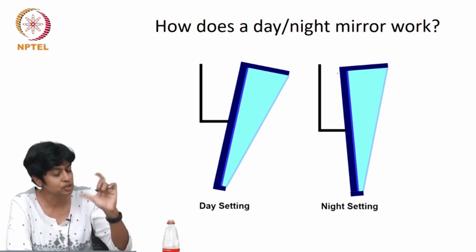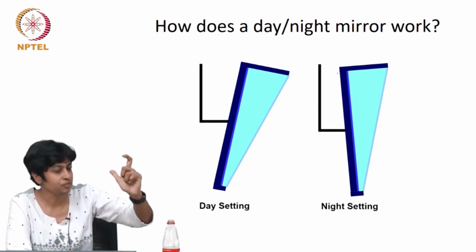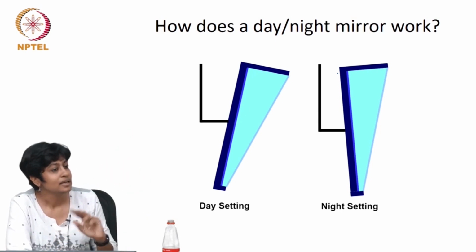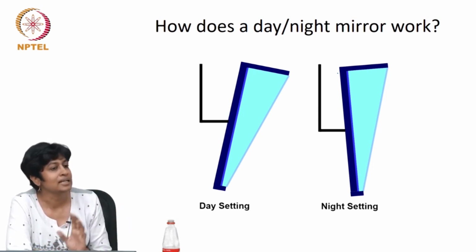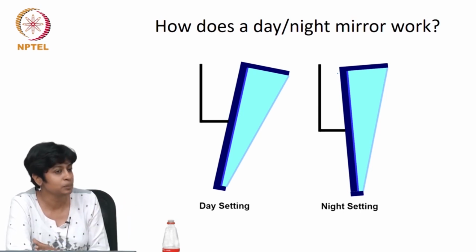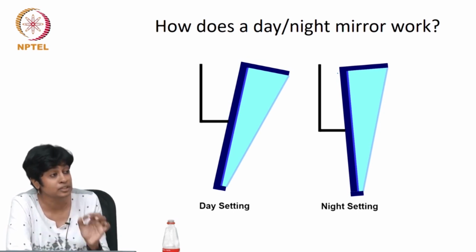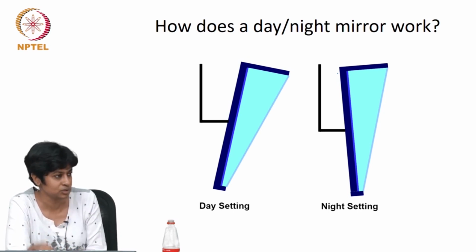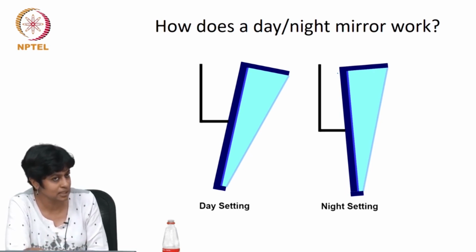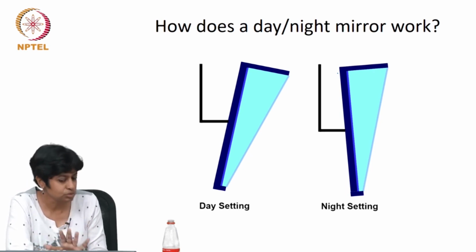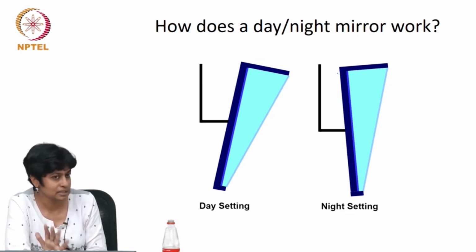And so you flip the angle of that rear view mirror so that it's different for the day setting compared to the night setting, and it allows you to see the traffic behind in both cases, but it ensures that you don't get the headlamps during the night time. So I've just drawn these images here, and now I want you to go and figure out how it works. That's an exercise I leave to you.